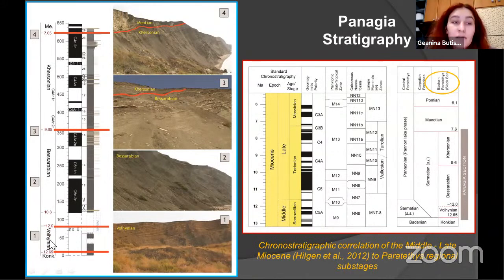Then Volhynian until around 12 million, and then Bessarabian and Chersonian, the last stages of the Sarmatian local stage, which goes until 7.6. And then we also have a little bit of Miocene, which starts around 7.6 million.